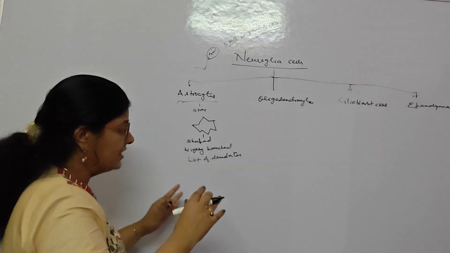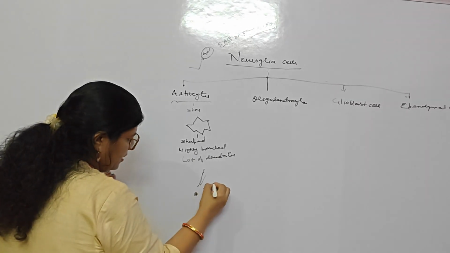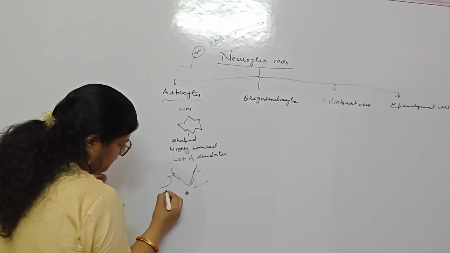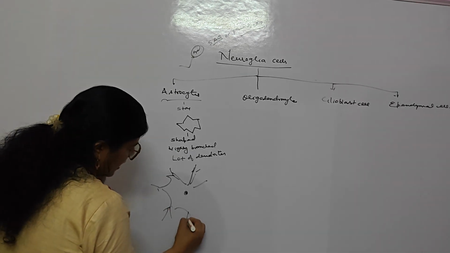You can draw a diagram. This is the dendrite process. We can see it's highly branched.